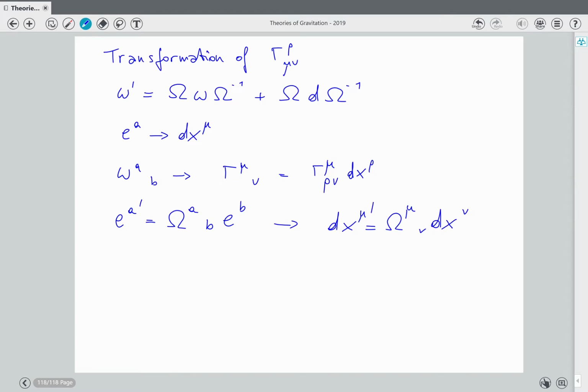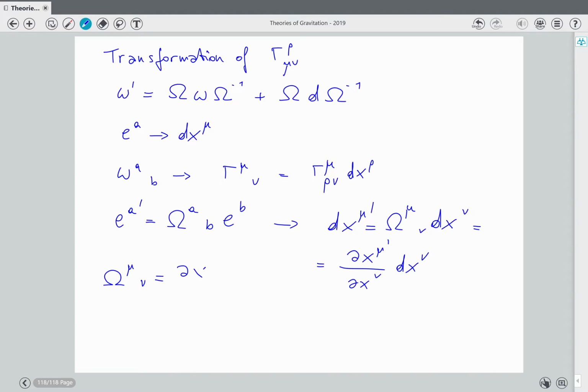Well, we start from the Jacobian. Now we derive capital omega, we'll insert it inside and then we get the result. So, yes, certainly we can write dx mu prime equal to partial x mu prime over partial x nu dx nu, and so you have omega.